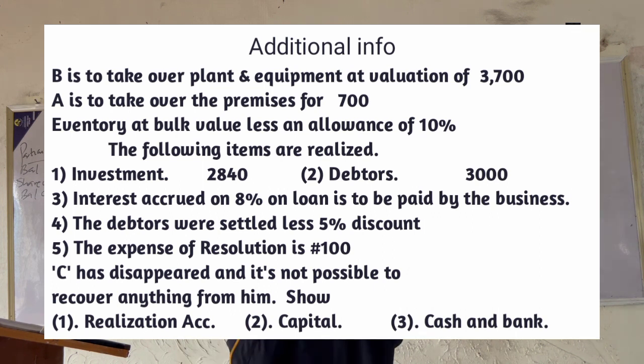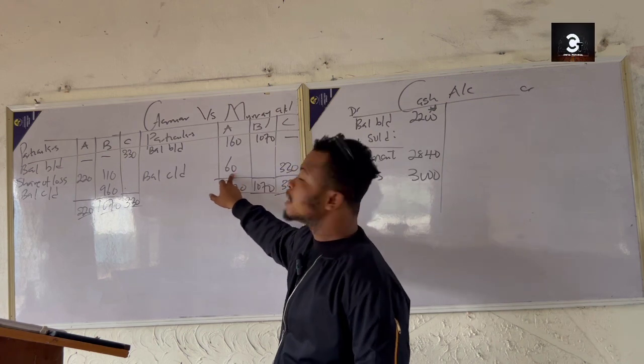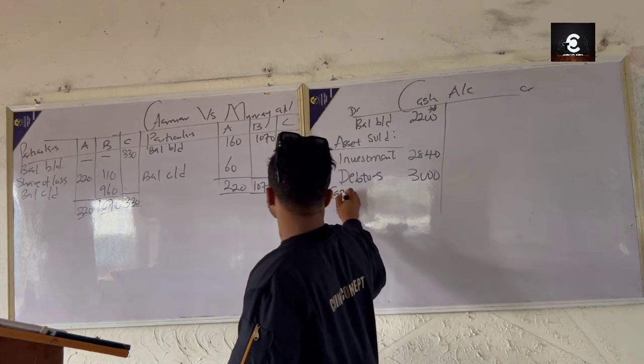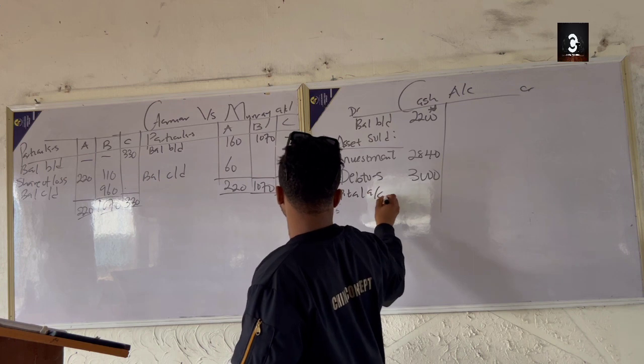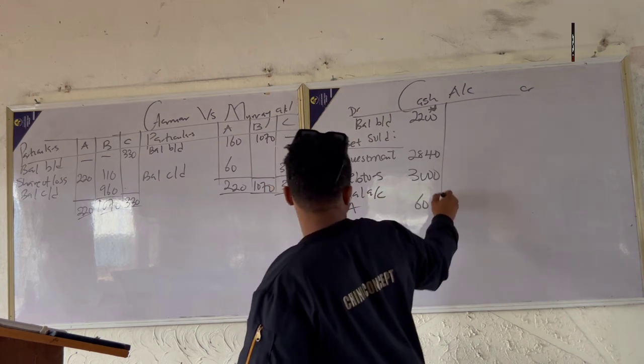Now let's bring their balances. Look at the capital account. The balance of A is on the credit side, so we are bringing A here. A is 60.